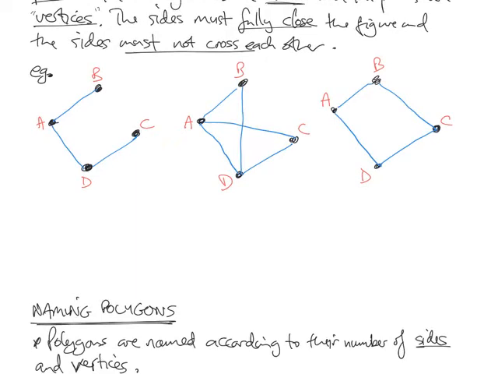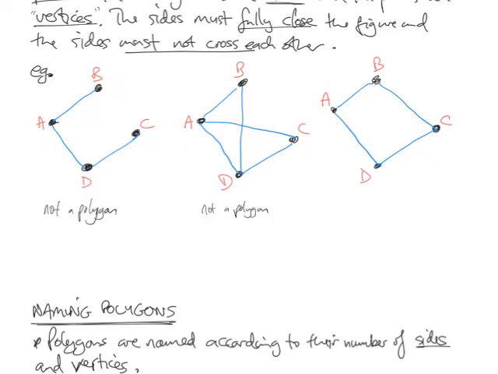So we've got A, B, C, D here. You can see there's points and line segments, but the line segments do not close, so this is not a polygon. This next example, not a polygon. This next example looks closed, but we have sides that cross over each other, so not a polygon.